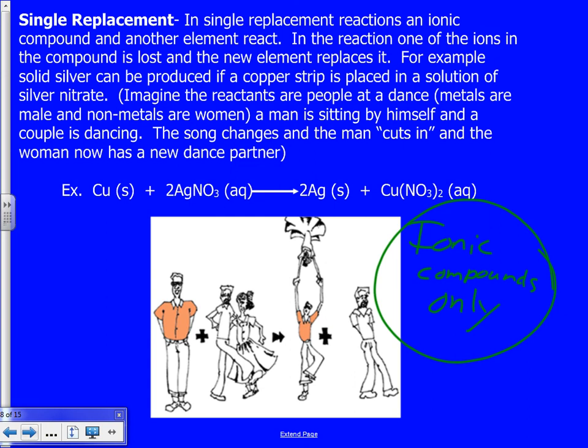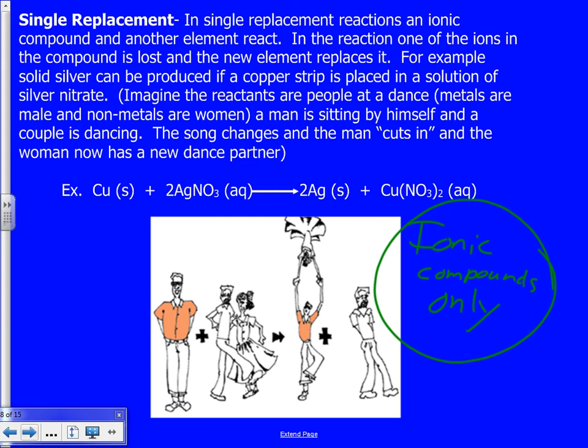Okay. The element in the compound it replaces has to be the one that is like it. So in this case, I've got copper reacting with silver nitrate. What kind of an element is copper? It's a metal. So it has to replace the metal that's in the ionic compound.